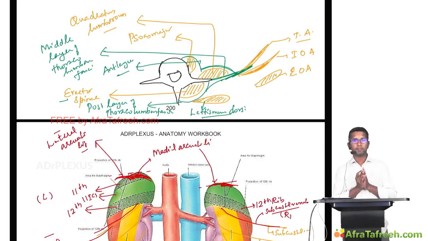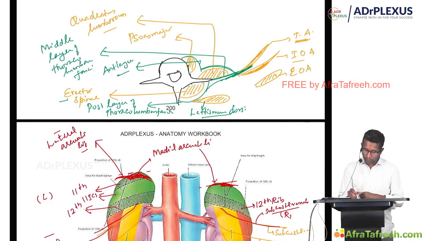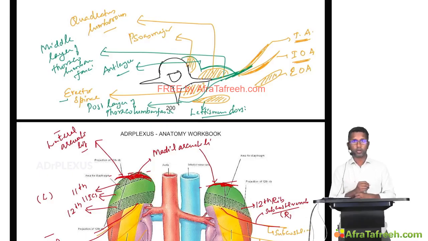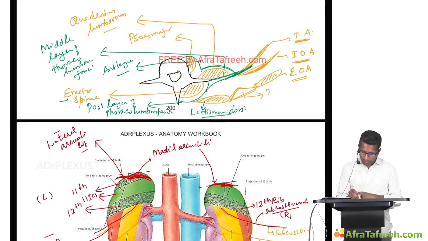When you see from the posterior aspect, it is very clear the transverse abdominis is arising from the thoracolumbar fascia, internal oblique abdominis is arising from the thoracolumbar fascia, whereas the external oblique abdominis muscle is not arising from the thoracolumbar fascia. Now you get an area between these two muscles here. This area between the latissimus dorsi and the external oblique abdominis muscle forms a triangle.